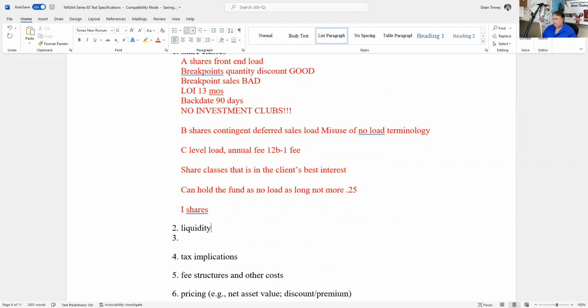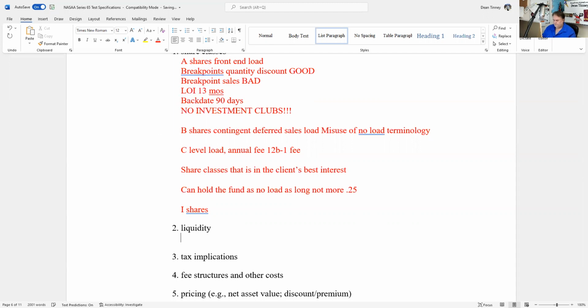Now, we talked about liquidity in mutual funds. We said that's a good thing. We said that in an open-end mutual fund, you have liquidity at the next calculation of the NAV, and that's a nifty thing to be able to do.